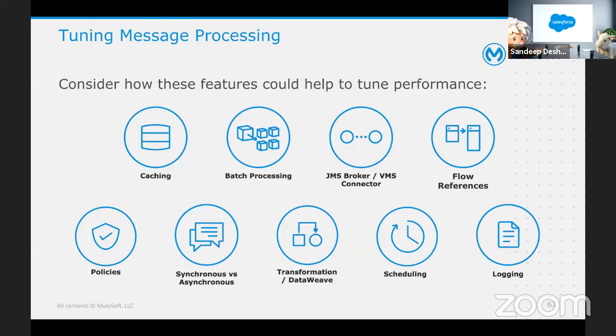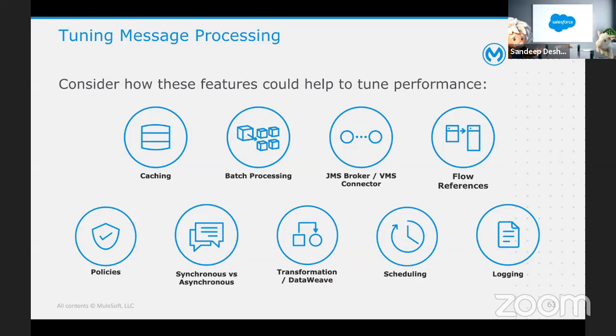Next is scheduling. If you have schedulers, you can schedule jobs whenever there is downtime in your traffic. So you can schedule some jobs at night when you don't have a lot of traffic for that application. And then again, logging. Logging is another big culprit, right?